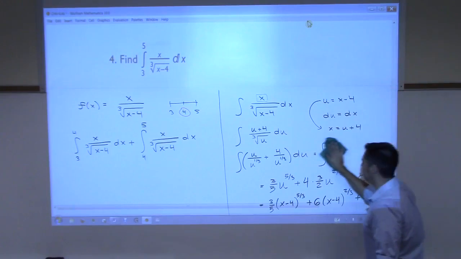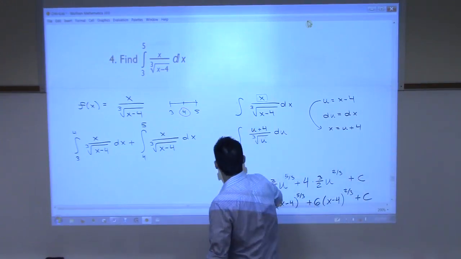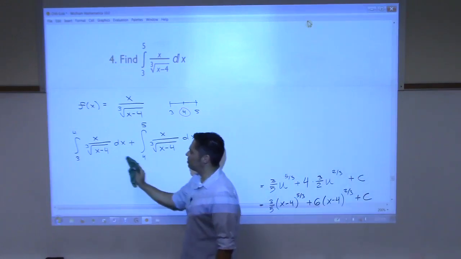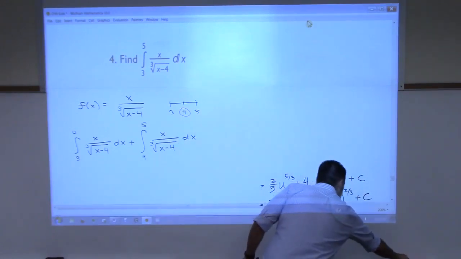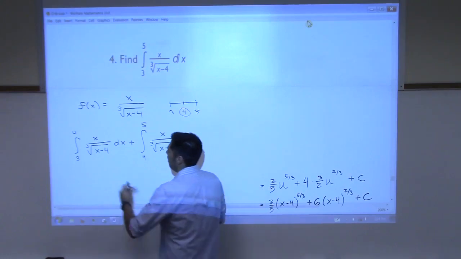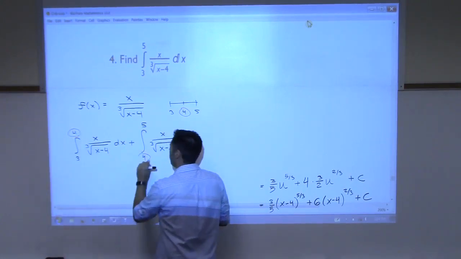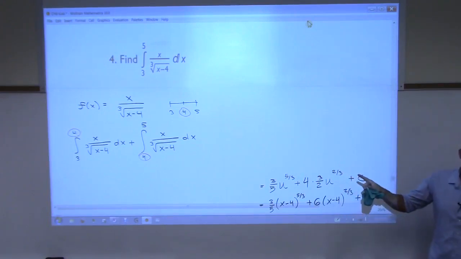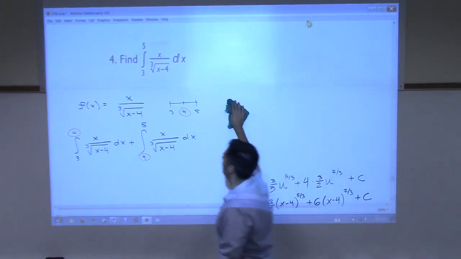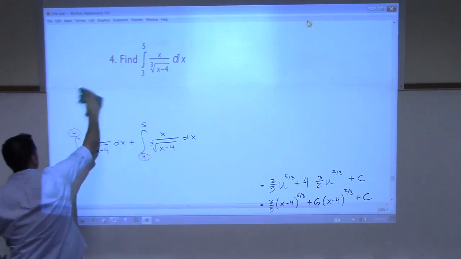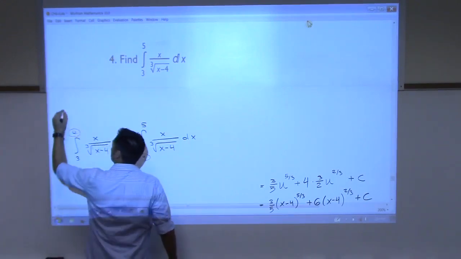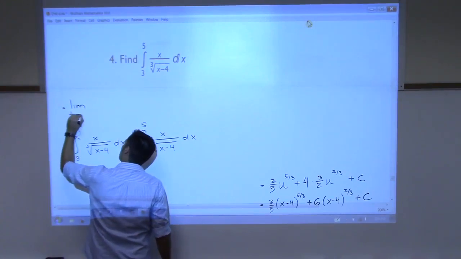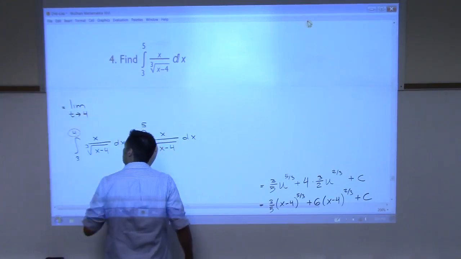erase this. Come back over here. Let's finish this up. Now, I'm going to have two separate integrals that both have problems. They both have a problem at 4. So I'm just going to highlight here this 4 and this 4 where we have the issues. And so for the first one, I'm going to set up a limit, right? So this right here becomes the limit as t approaches 4, from which side?